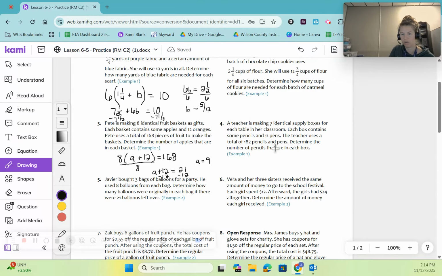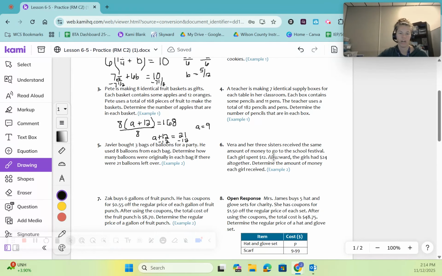There's another one similar to that with those whole numbers right next to it. Let's take a look at how it's just a little bit different. Javier bought 3 bags of balloons for a party. He used 8 balloons from each bag. Determine how many balloons were originally in each bag.